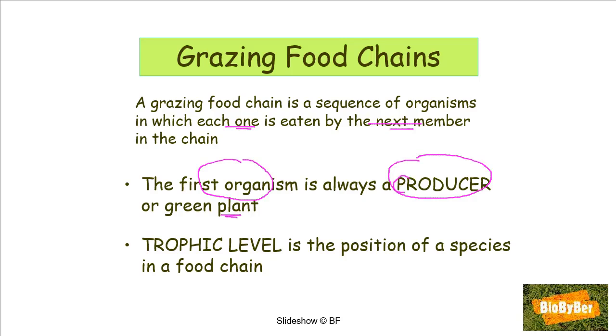P for producer, P for plant. Trophic level is another definition that we have to master. The trophic level is the position of a species in the food chain. Whether you are the first organism or the last organism, your trophic level is to be at the first level or at the top level.